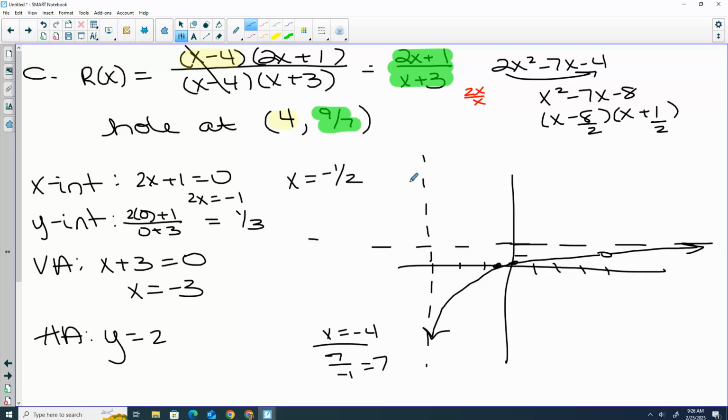So that's up here, so that means this section of the graph is above our horizontal asymptote. Is that one okay? Did you guys get B with the oblique asymptote? Y equals 2x plus 3 for the oblique on that one. Okay. Was D the other one we asked about?